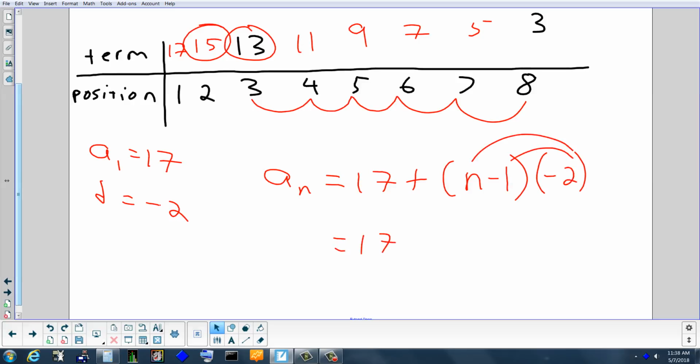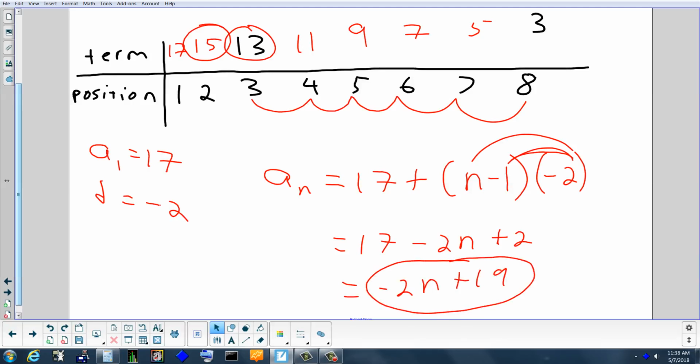And actually, what are you going to get when you distribute out negative 2? You are going to get a negative. Negative 2n plus 2. Oh, because you're multiplying. So your final answer here would be negative 2n plus 19.